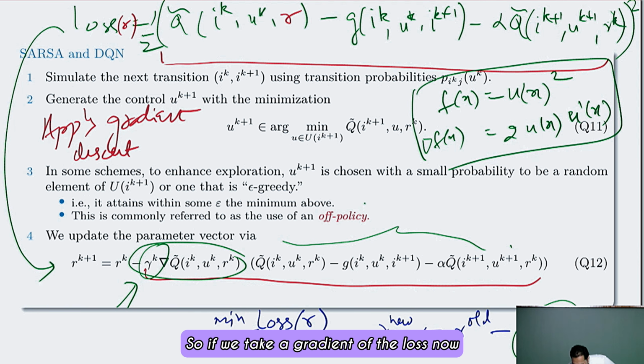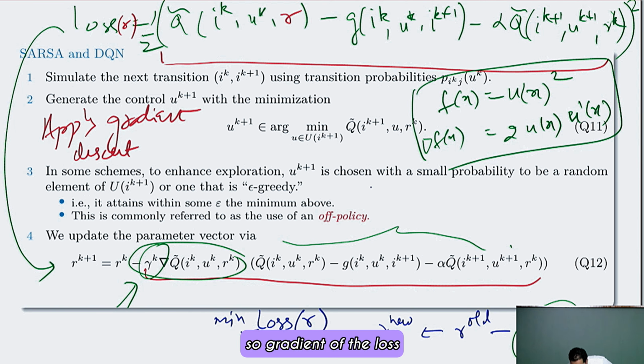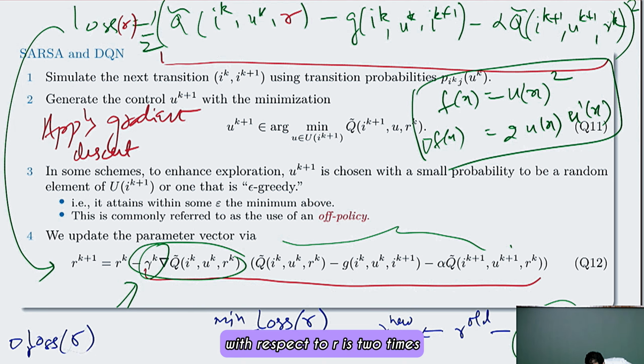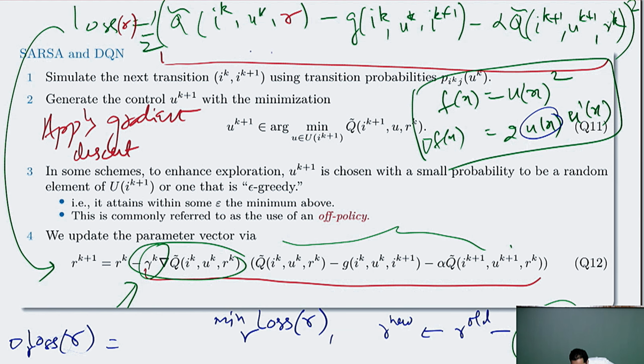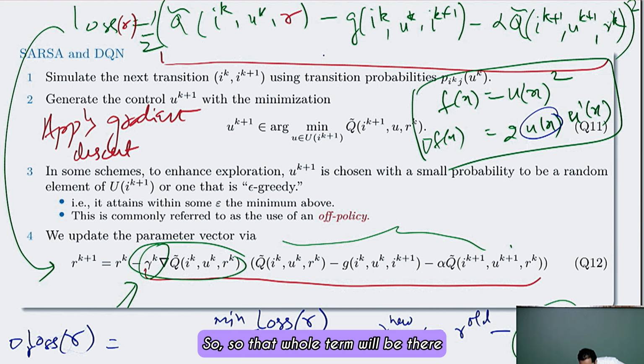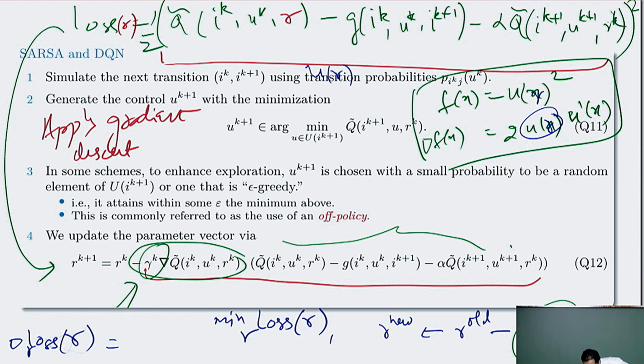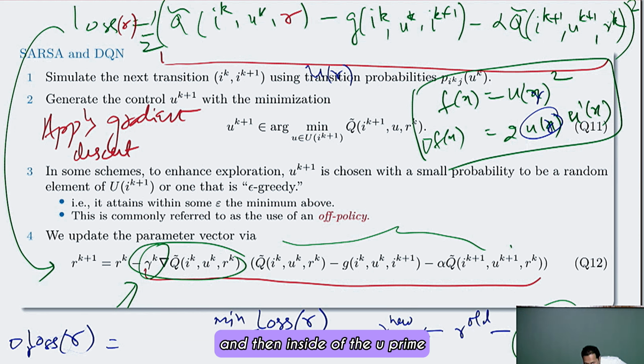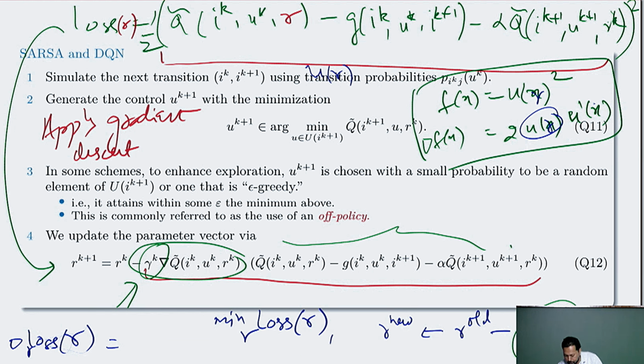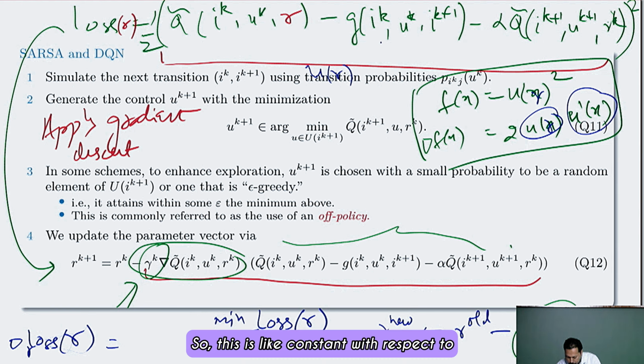So if we take the gradient of the loss with respect to r, the 2 gets cancelled, and this whole term will be there because this is u. Let us say this is defined as u(r), because I don't have much space. Then inside is u prime. This is constant with respect to r.